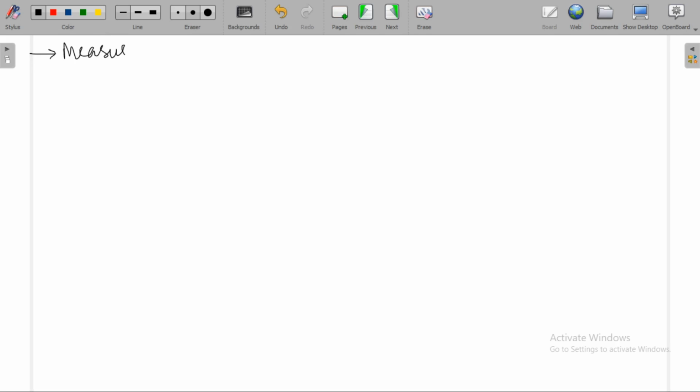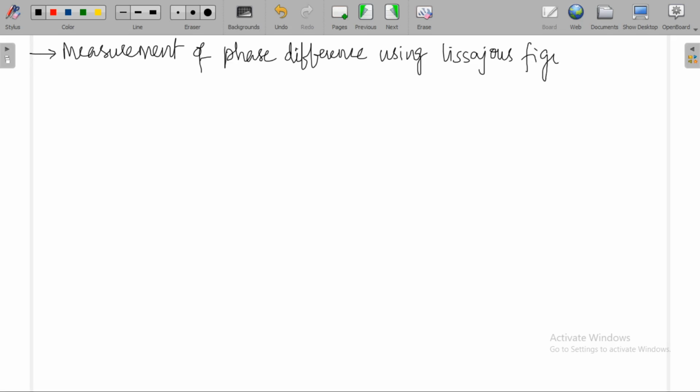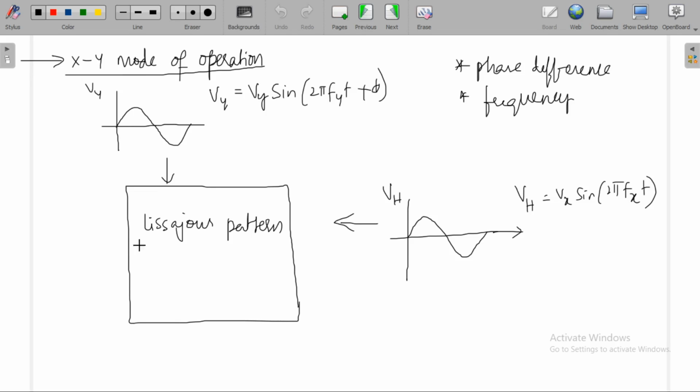Measurement of phase difference using Lissajous figures. Anyhow, in XY mode of operation you are going to get a Lissajous figure or Lissajous pattern, which will be observed on the screen of the CRO.